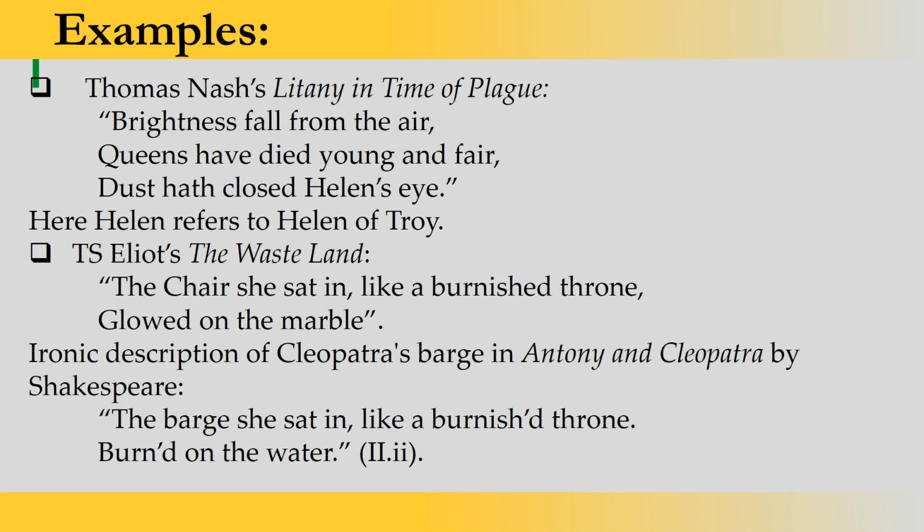Now dear students, I hope you understood the three types of allusion and the meaning of allusion. Now let's understand examples of allusion, because allusion needs some knowledge to recognize where the allusion is happening. For example, we have Thomas Nashe's Litany in Time of Plague: Brightness falls from the air, queens have died young and fair, dust hath closed Helen's eye.